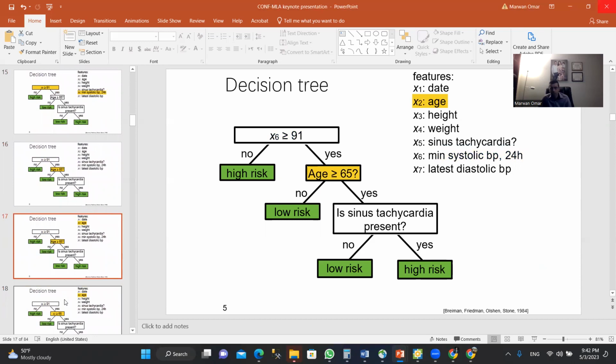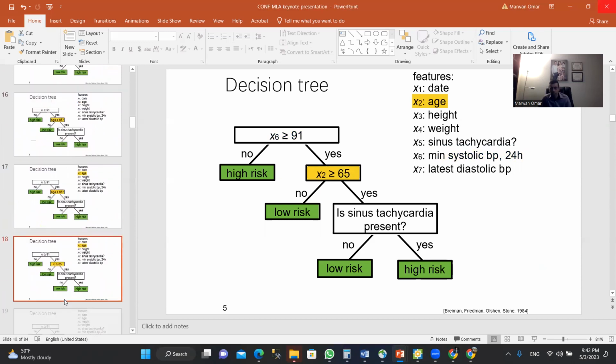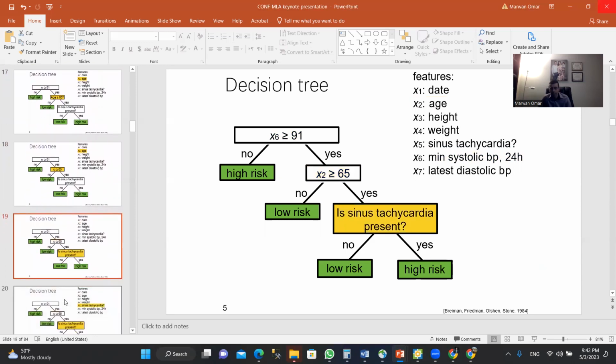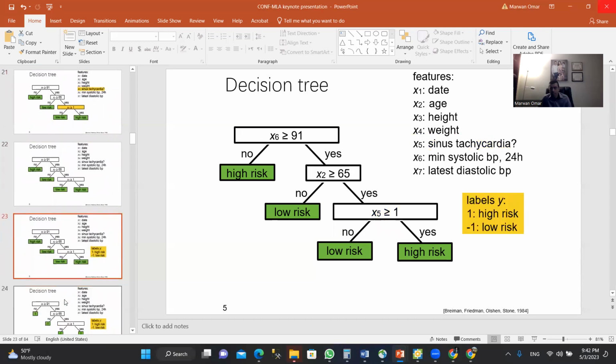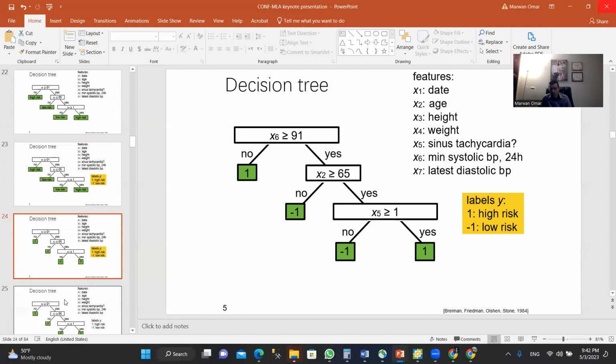We're checking the age, attribute number 2, denoted as X2. And then we are checking whether sinus tachycardia is present, and that would be feature number 5, X5. And then the output or the label Y would be either high risk or low risk. If it's 1, that would be high risk. If it's -1, it's low risk.